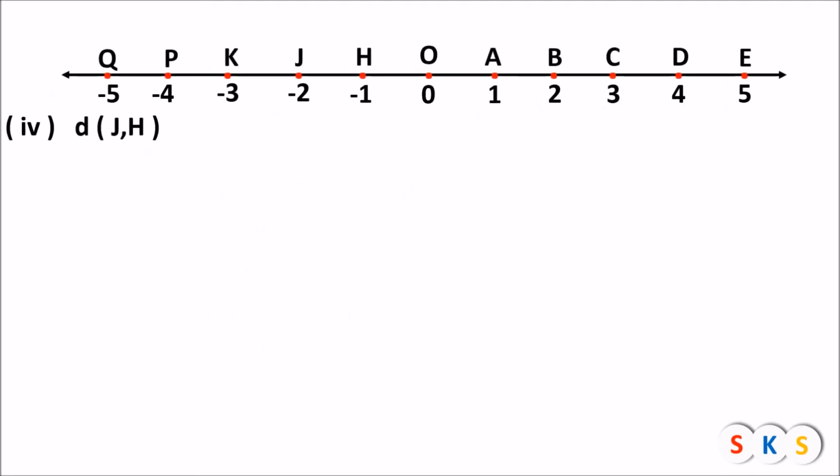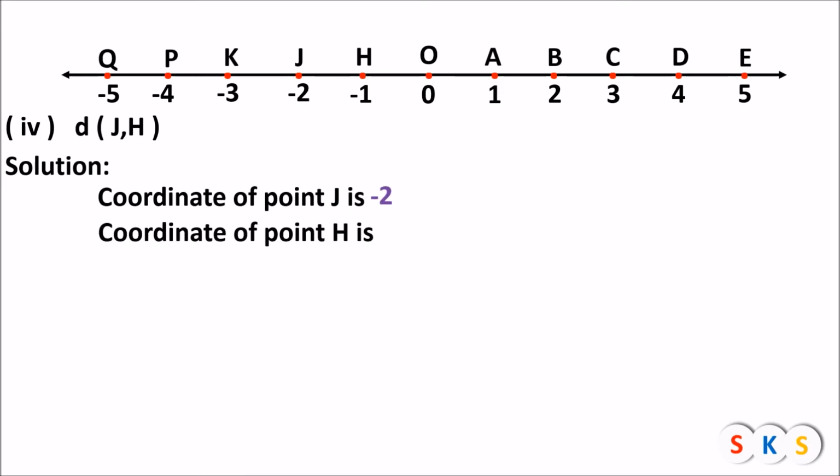Now we have the next question. Find the distance between point J and H. Here the coordinate of point J is -2. Coordinate of point H is -1. Which one is greater among these two? -1. So here -1 is greater than -2.